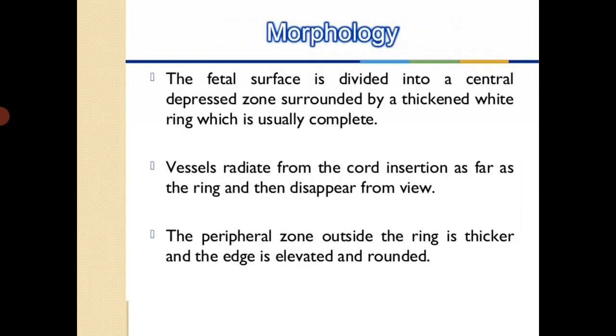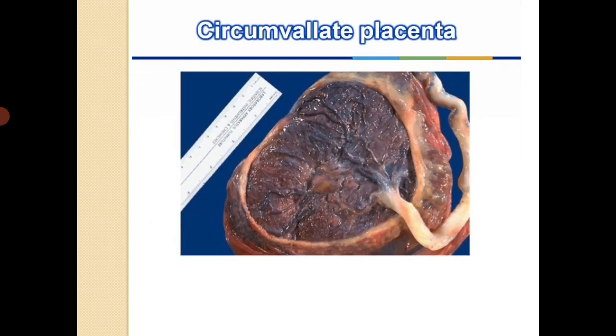The fetal surface is divided into a central depressed zone surrounded by a thickened white ring, which is usually complete. Here you can see the white ring on the fetal surface.